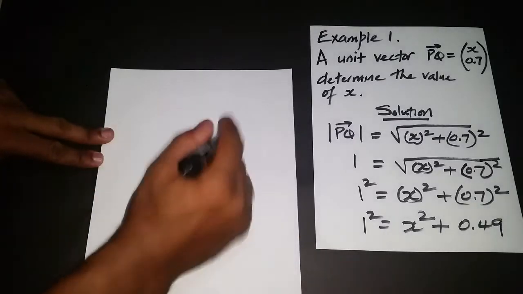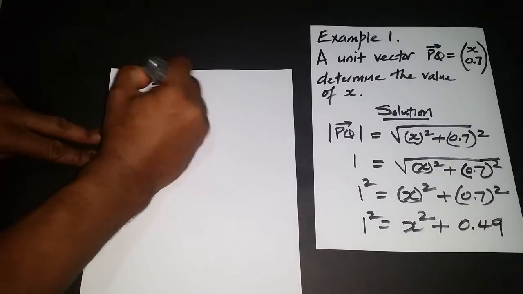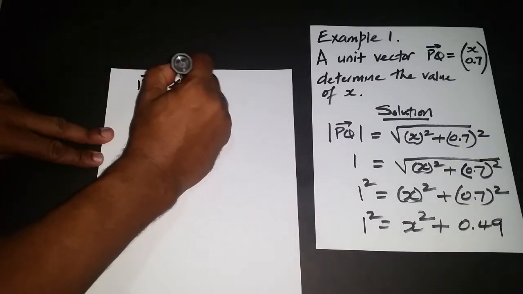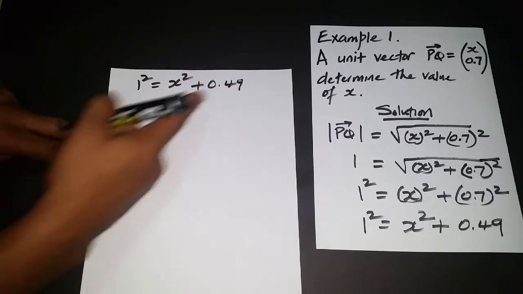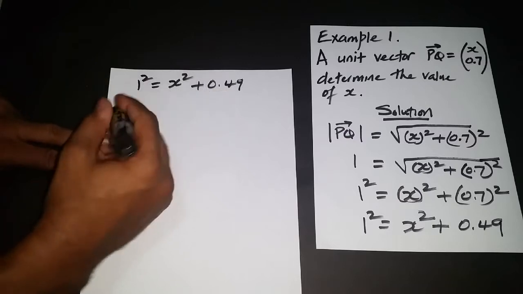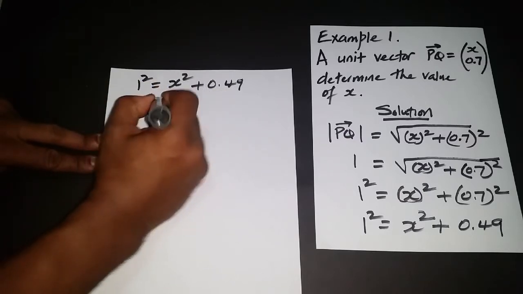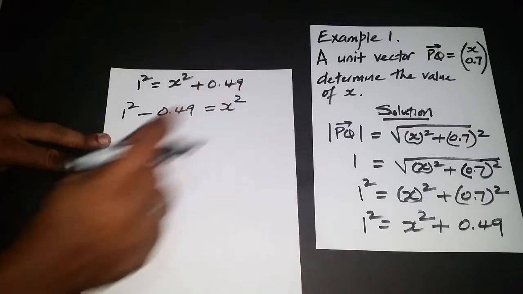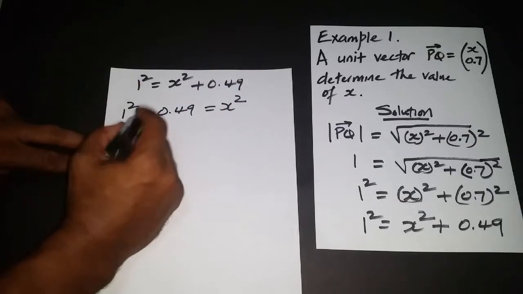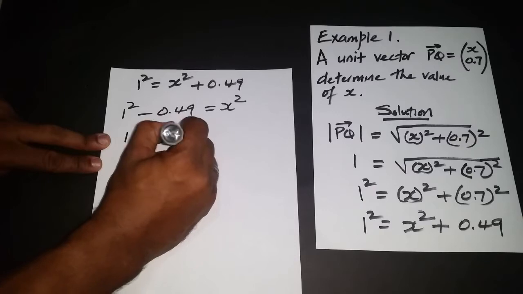So I have 1 squared equals x squared plus 0.49. I'm going to take the 0.49 and carry it over. So 1 squared minus 0.49 equals x squared. As simple as that. And of course 1 squared is just 1.